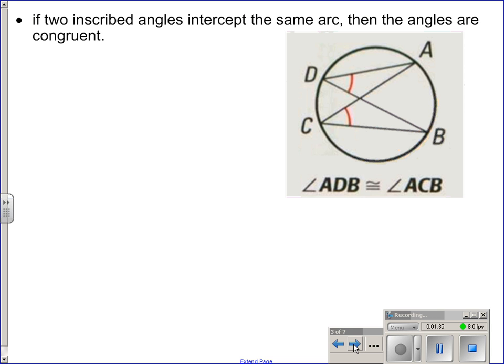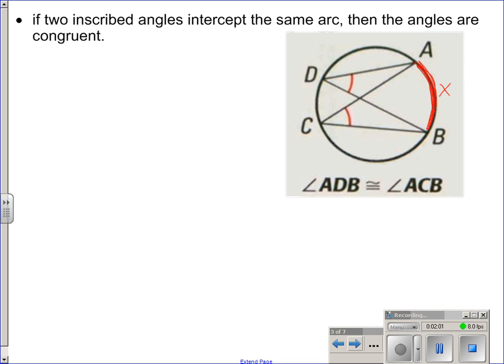For the next property, if you have two inscribed angles that intercept the same arc, those angles have to be equal to each other. Looking at angle D, it's an inscribed angle that intercepts arc AB, so angle D is half of AB. But angle C is also an inscribed angle, and it also intercepts arc AB.